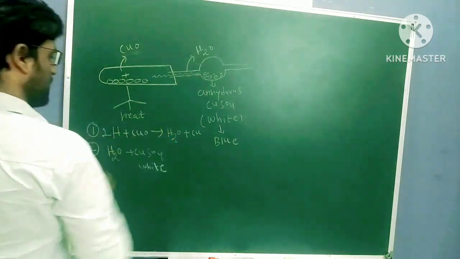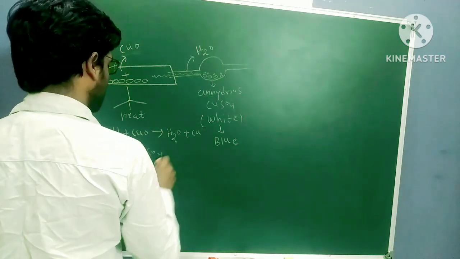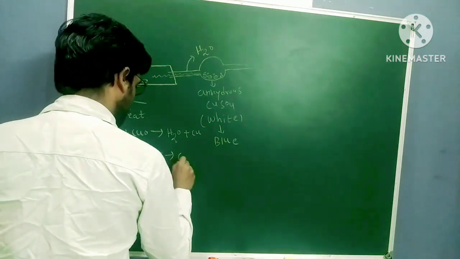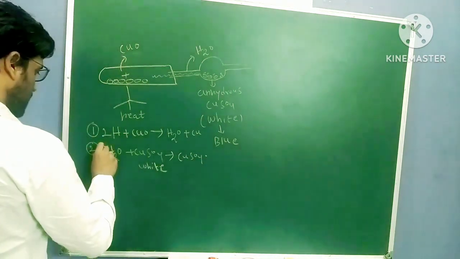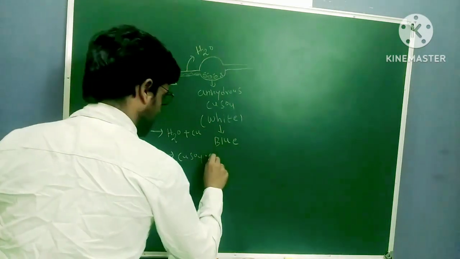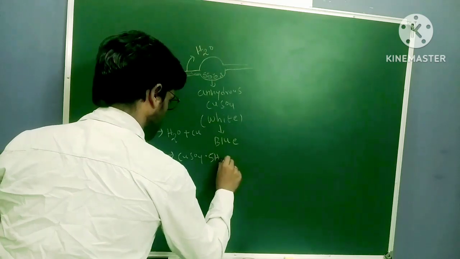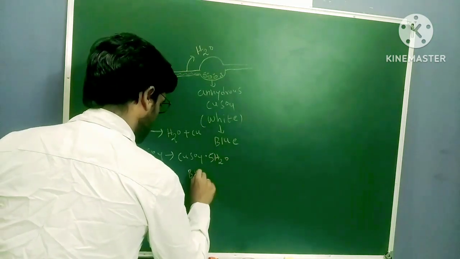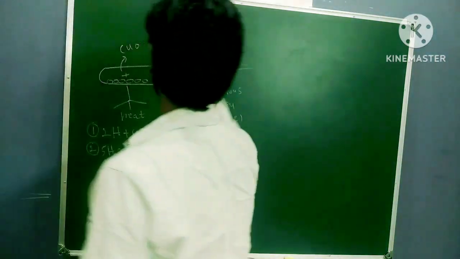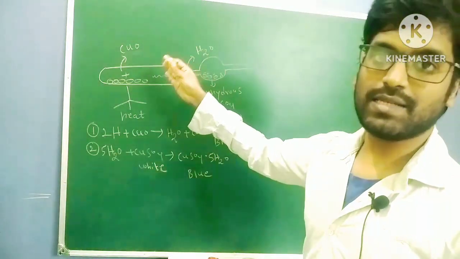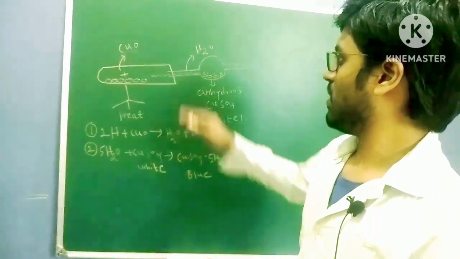Now this copper sulfate, white color, turns to blue: copper sulfate 5H2O, CuSO4·5H2O. So this blue color compound is saying that water is present in this organic compound or in this vapor.